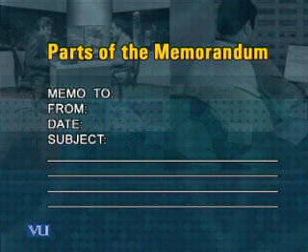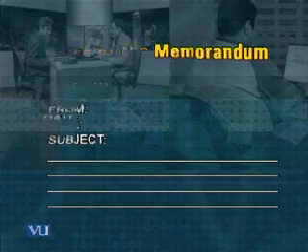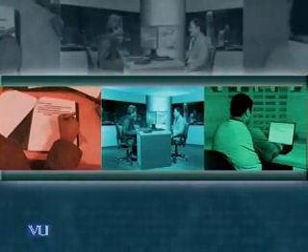So far as MEMO TO is concerned, normally we do not use a courteous title like Mr., Mrs., Ms., etc. However, we may use an organizational title. So far as FROM is concerned, only the name is given.